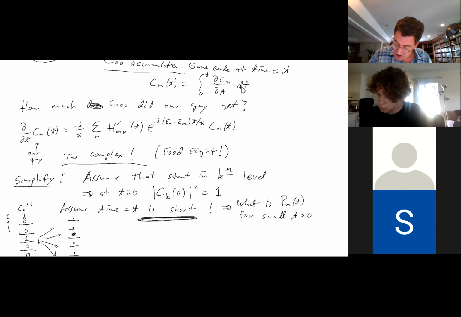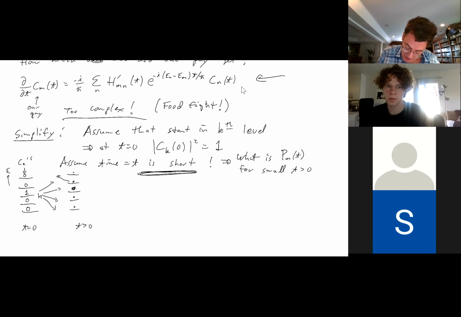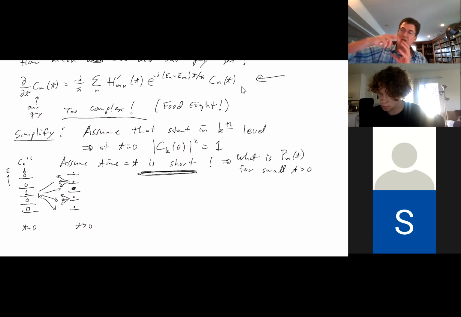But if we look at this equation here, you'll notice that the green goo is spraying out, but it's also spraying back, because the goo, as time goes on, can go in either direction, because each of these can be spraying it also. So it's kind of a complicated thing that's happening. The amplitude is spraying to the different states, but then they're spraying it back to all the other states. But what we'll assume is we will ignore this process.